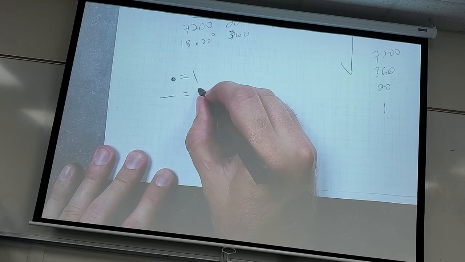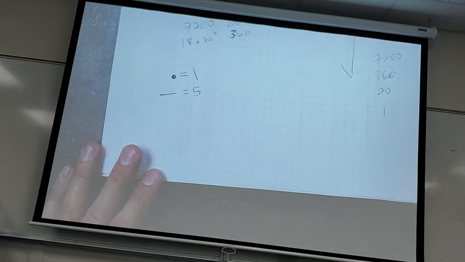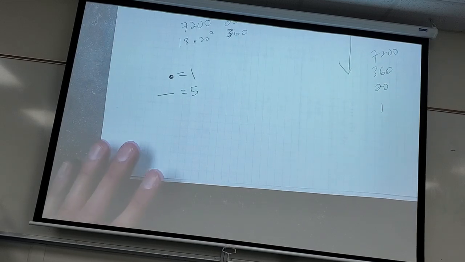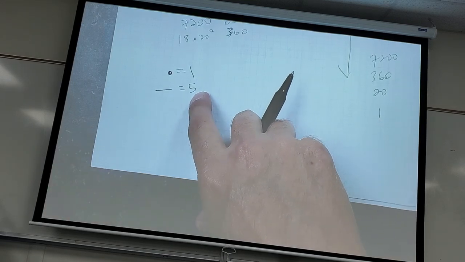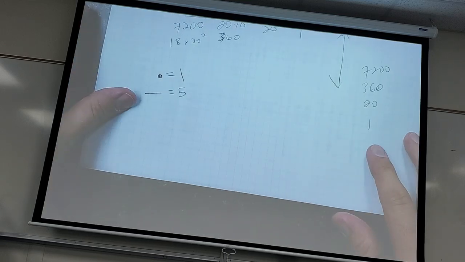Who remembers what that was? 5. Good try though, I like it. So their number system is not explicitly based on 10 at all, except for the fact that 5 is half of 10. It's still sort of the idea. Here's 5, another 5. Okay, so it's based on 5. That makes some sense. 5 fingers, right? Okay, I like it.